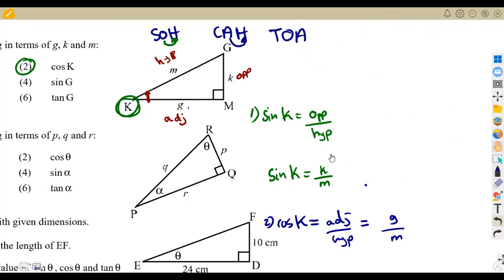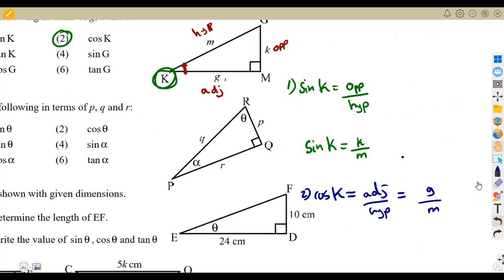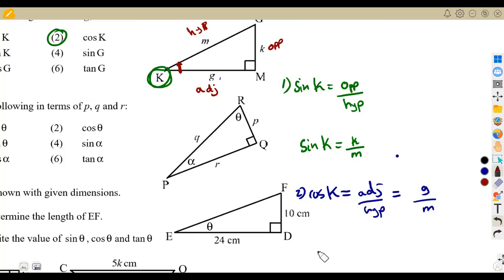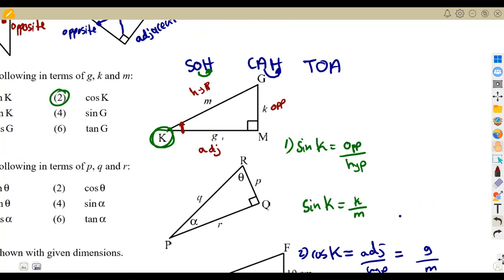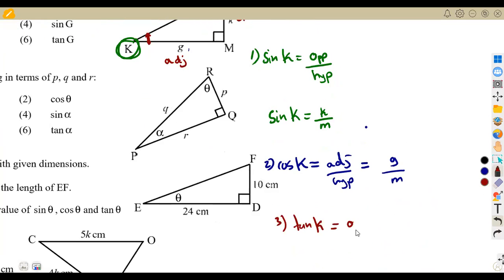All right. Then we've also the tan of k. So from the same diagram, we need the tan of k in this case. Remember our formula for tan, it is going to be the opposite over the adjacent. So we are going to have the tan of k as the opposite over the adjacent.